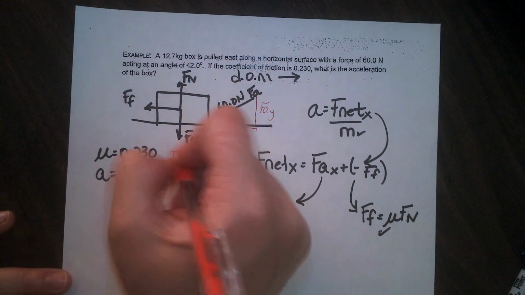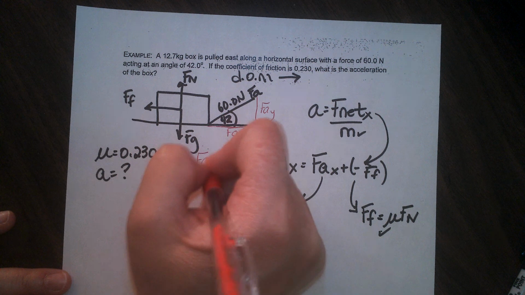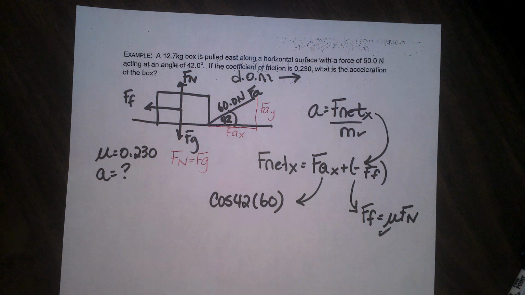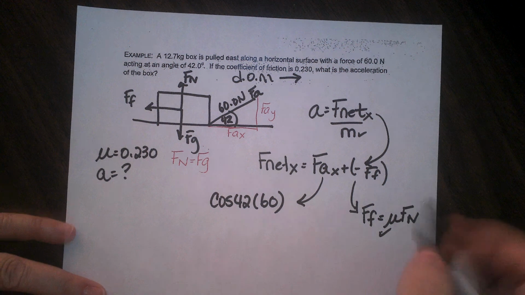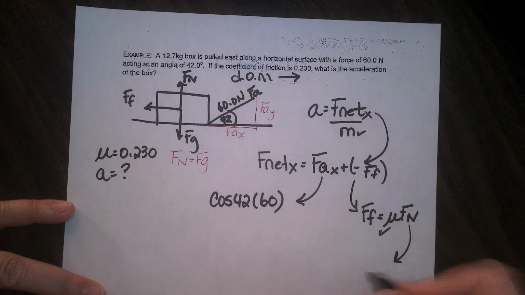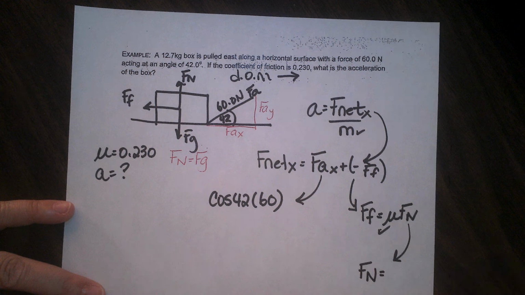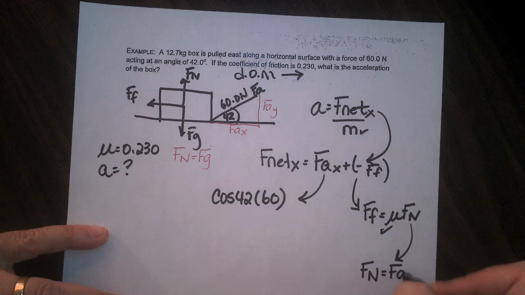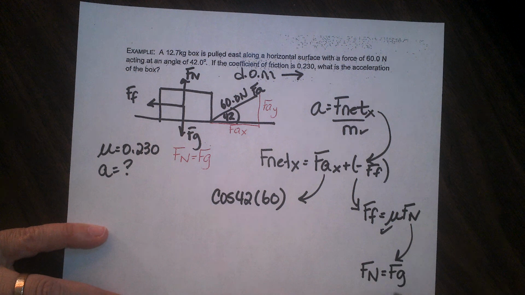No. So force normal must then be equal to force of gravity. Always got to think about that vertical dynamic piece, right? Is it levitating? No. Is it going through the ground? No. Then that has to be a balanced force. So I don't have force normal. How do I solve for force normal? It's equal to the force of gravity. How do I solve for the force of gravity? Mass times gravity, acceleration due to gravity.